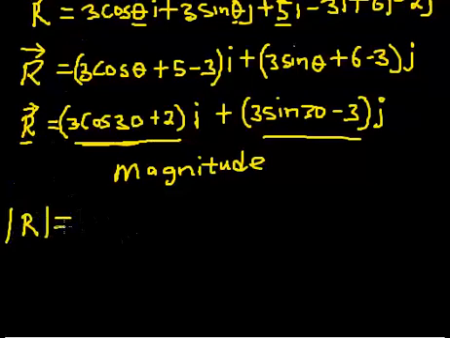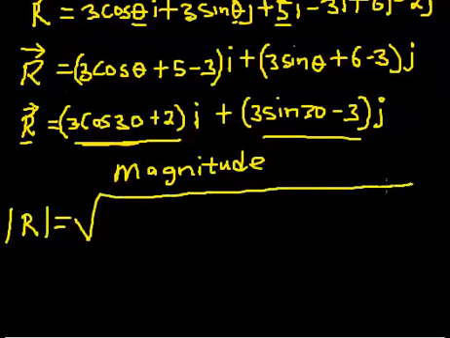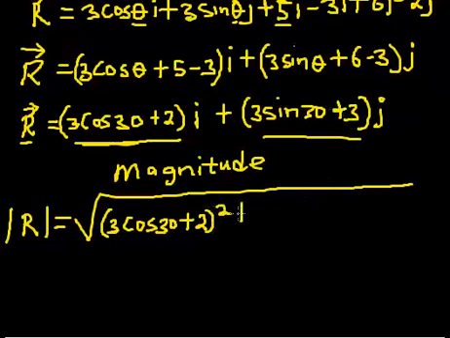That's going to be equal to the square root of open bracket, 3 cos theta plus 2, all squared, plus, 6 minus 3 is plus, open bracket, 3 sin theta plus 3, all squared. So it's just a very simple procedure.